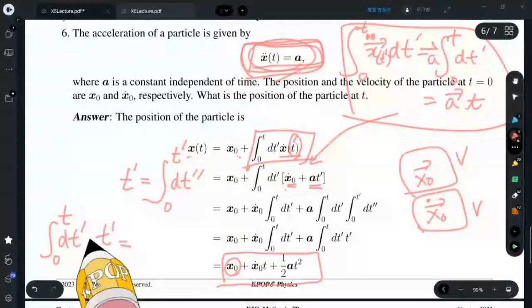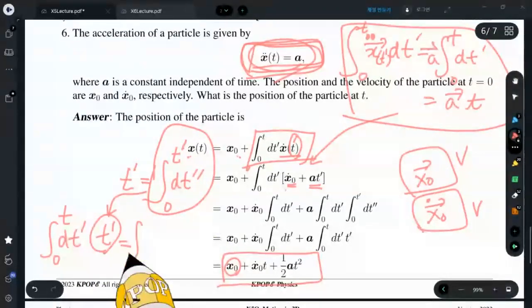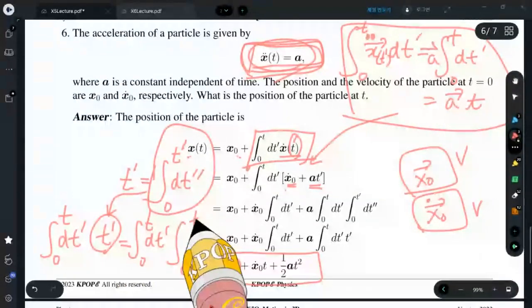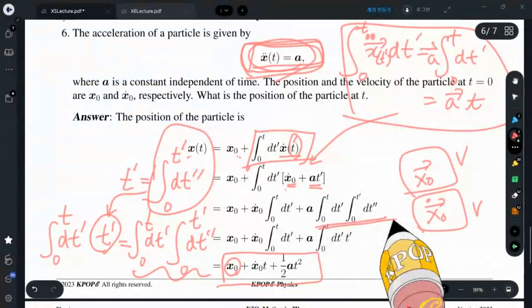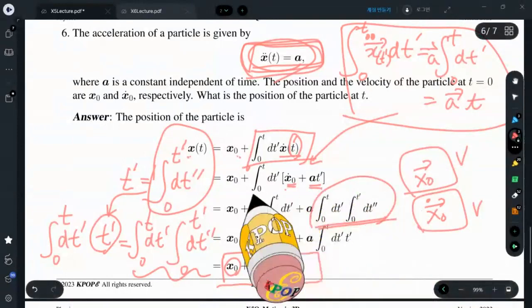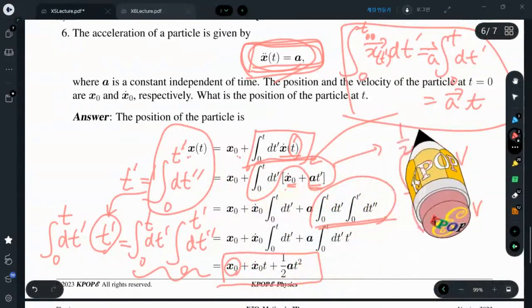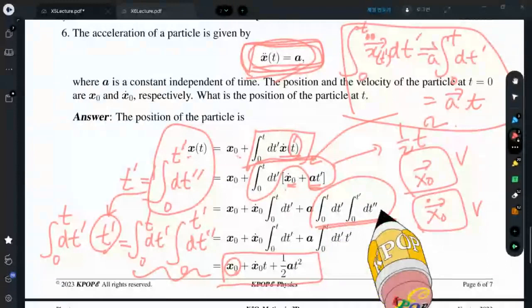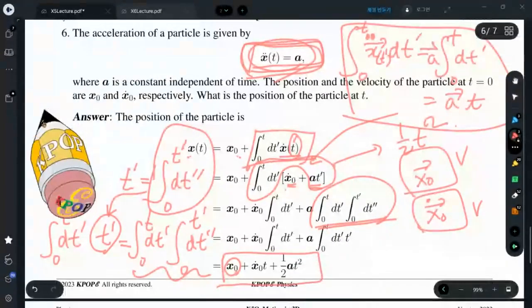In that case, this term is replaced with the right-hand side. So we arrive at the double integral. Okay, so this is given here. If you carry out this integration, we have found that it is 1/2 t squared. So this double integral is 1/2 t squared.